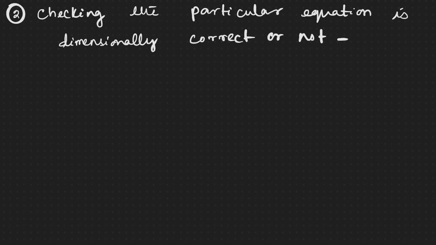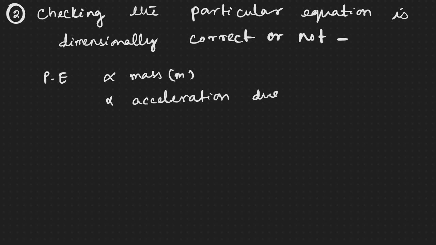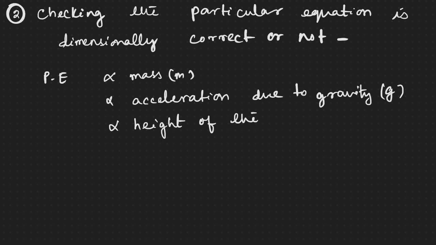So think that we have potential energy. Now potential energy of a body depends on its mass, M. It depends on its acceleration due to gravity, for that we can write G. And potential energy is also dependent upon the height of the body, H. If it is so, we may take potential energy as E, since it is an energy.